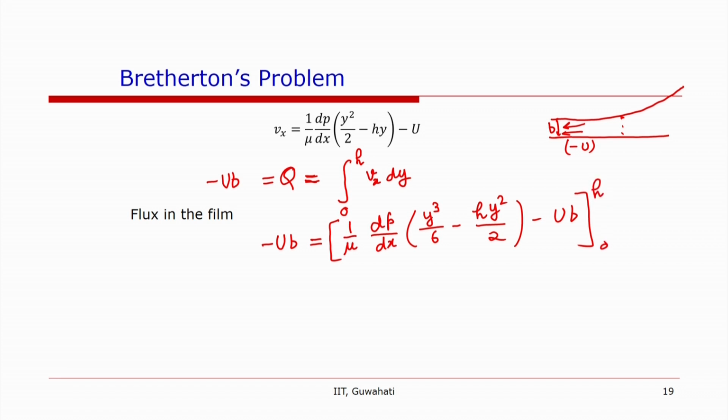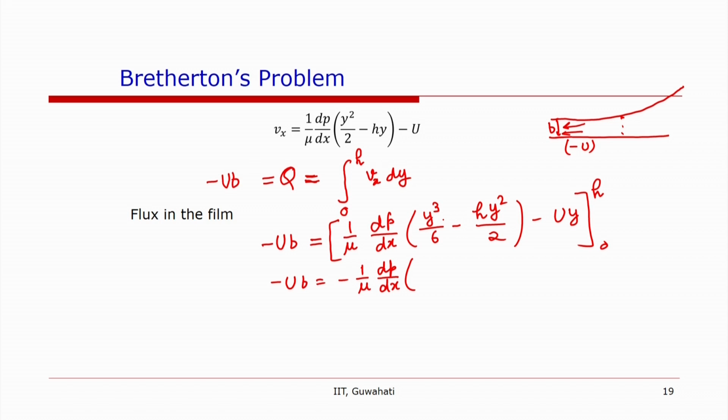On simplification we will get minus ub is equal to 1 over mu dp over dx, and minus u into y here.